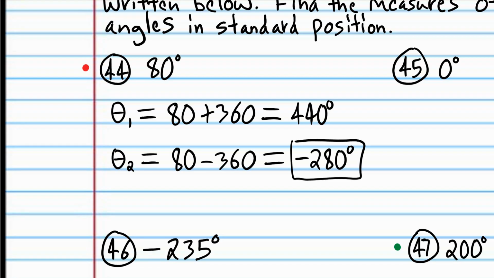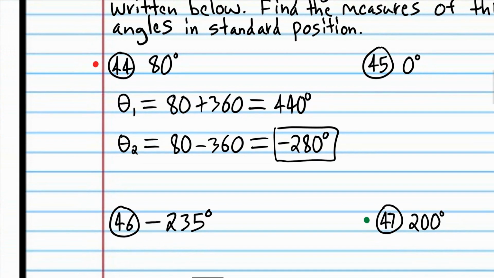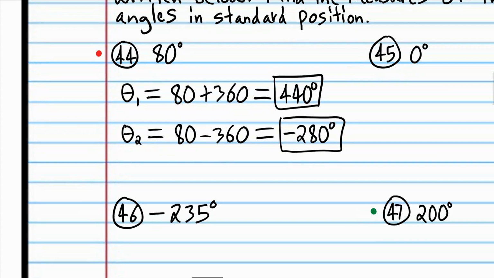So now we can take negative 280 and we can either subtract 360 to get another coterminal angle, or we can take 440 and add another 360. Again, there's multiple ways to do it.